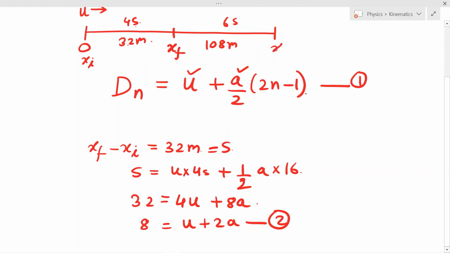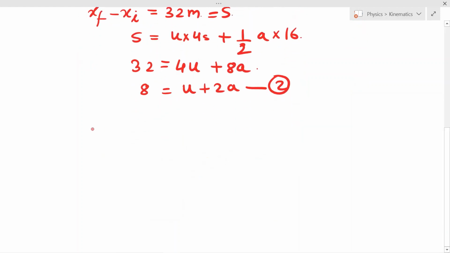Now let's take this as x final and x initial is the same as before. Now the distance covered will be how much? 108 plus 32 will be 140. That is now xf is equal to 140 and xi is equal to 0.